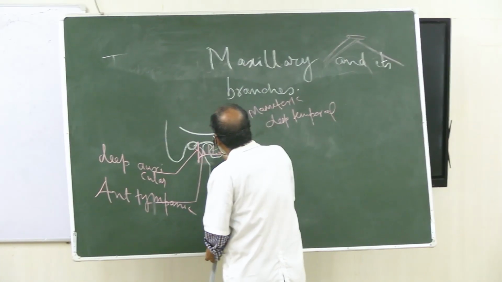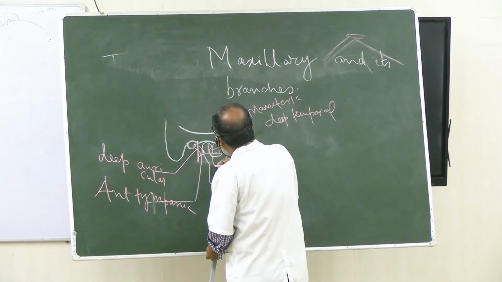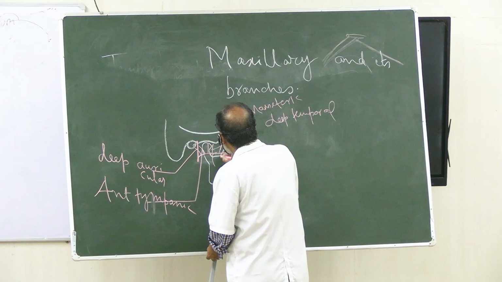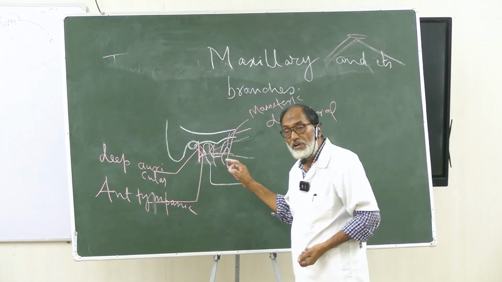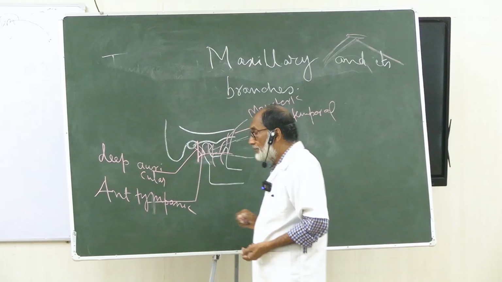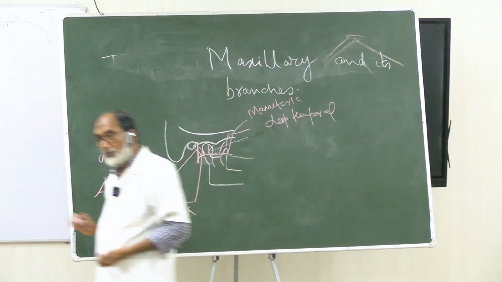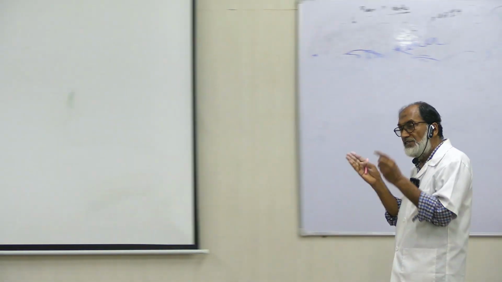And another branch will go to the medial pterygoid and lateral pterygoid, right? Medial pterygoid, lateral pterygoid. So these are the branches of the second part.